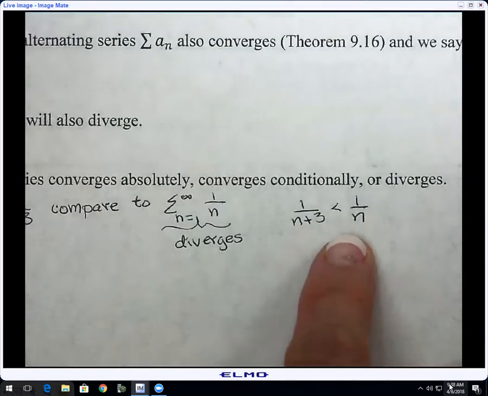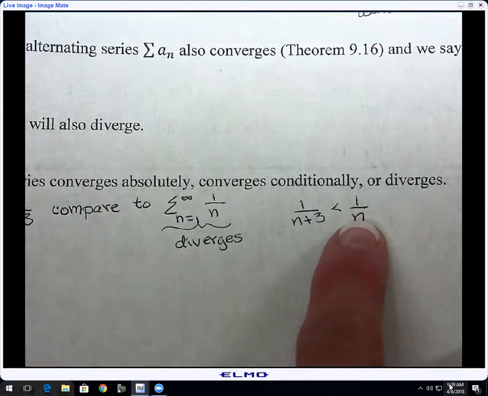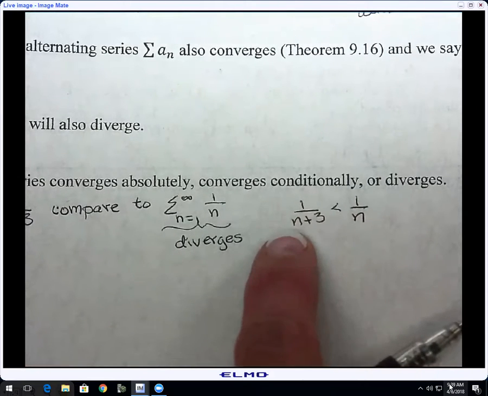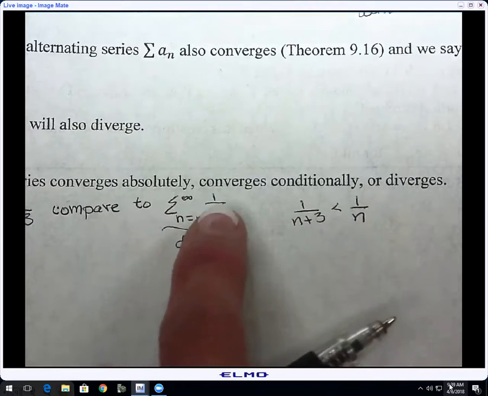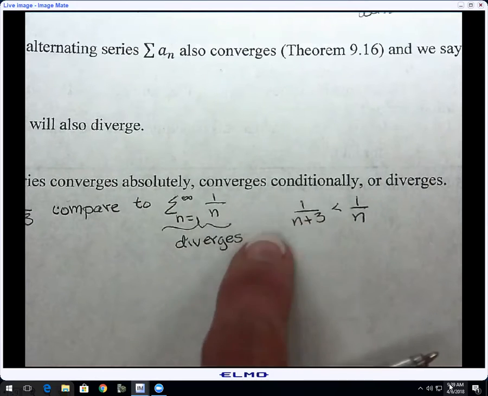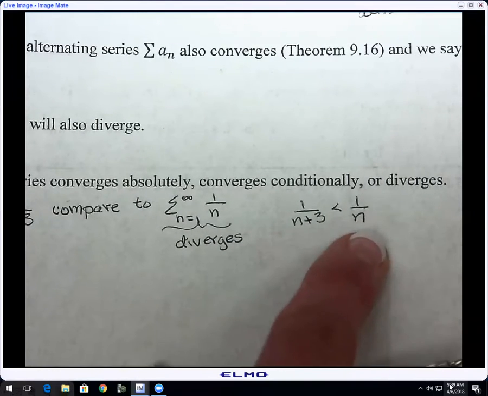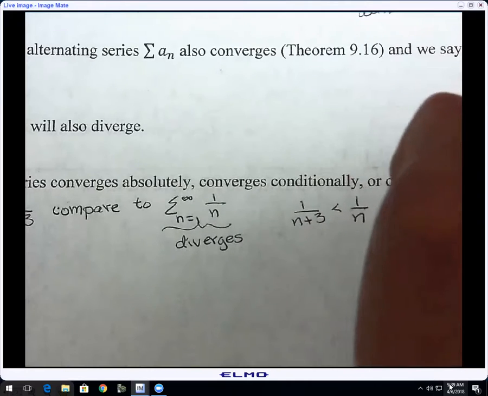Is that a true statement? Yes. So if the bigger one, no, that's not working. If the bigger one diverges, that's really not helpful. So we'll have to do something else, because I'm comparing it to a divergent harmonic series, but the nth term is smaller, and I can't say if the big one diverges, the little one has to diverge. So that was a reasonable thing to try. It just wasn't helpful.